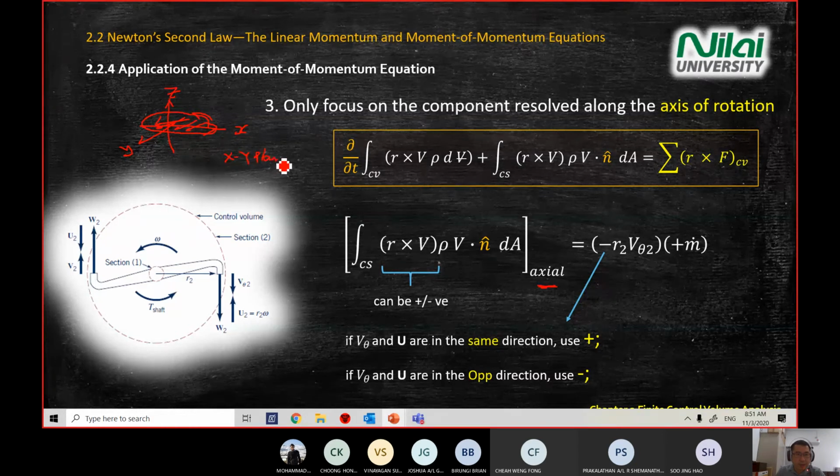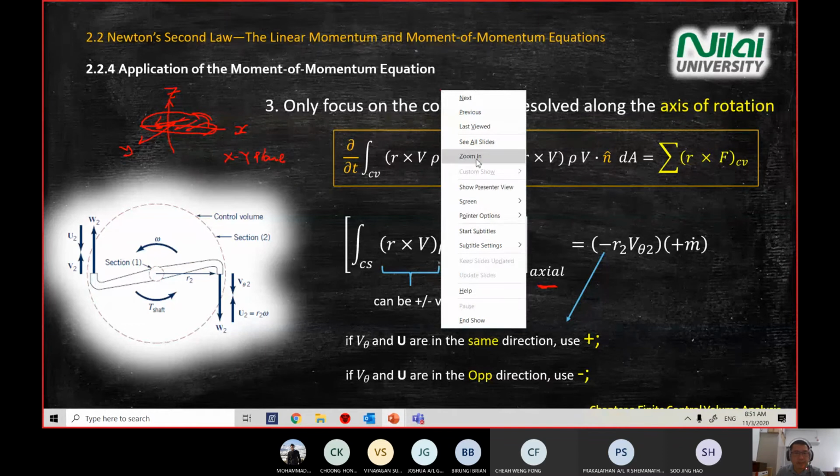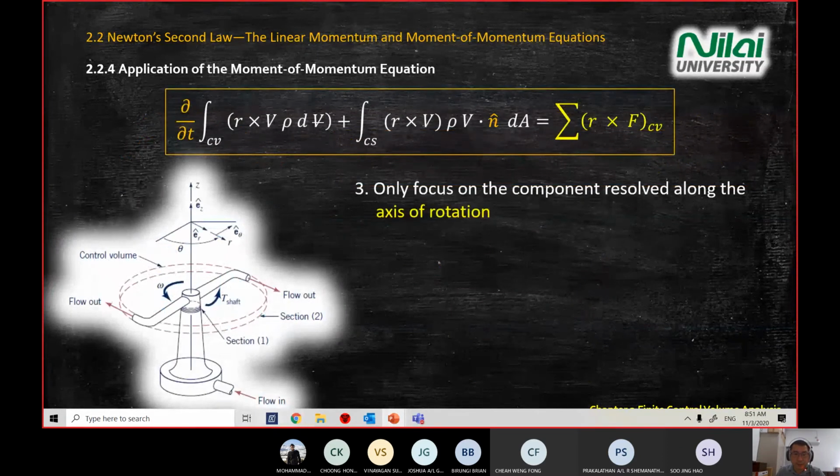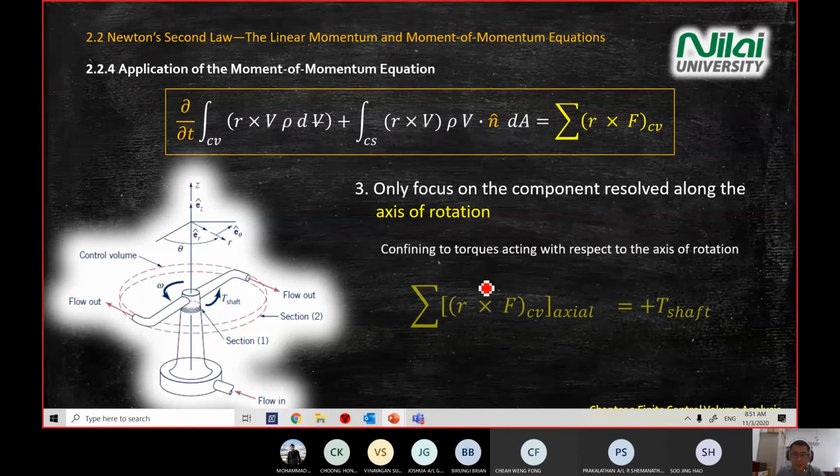If any movement swings along the XY plane, it's called the axial plane. All right, this is a 3D case.